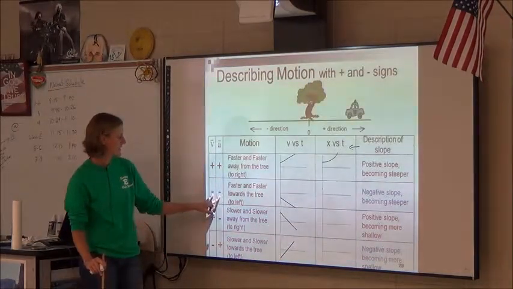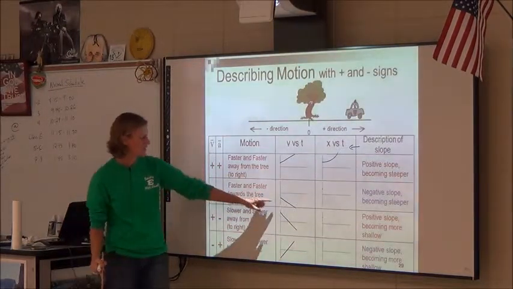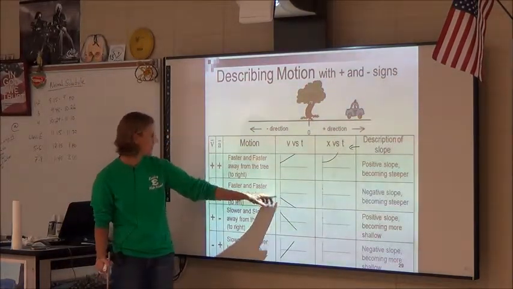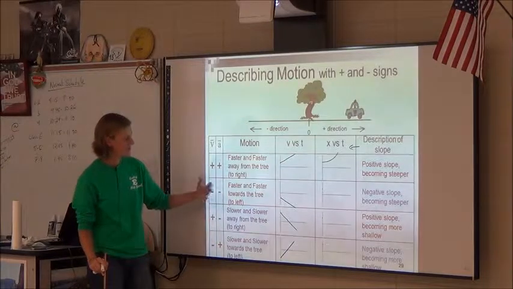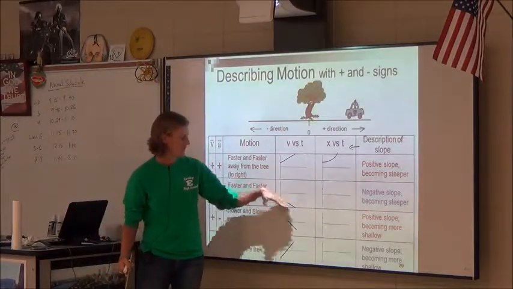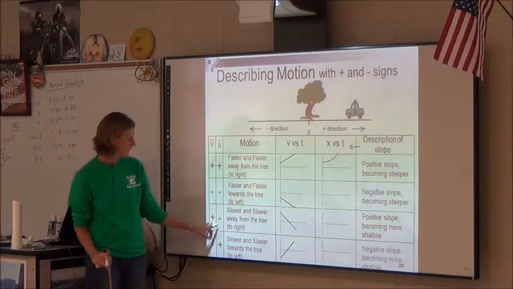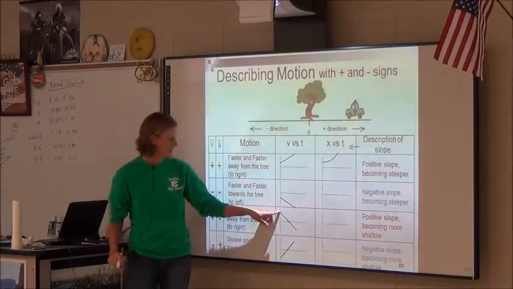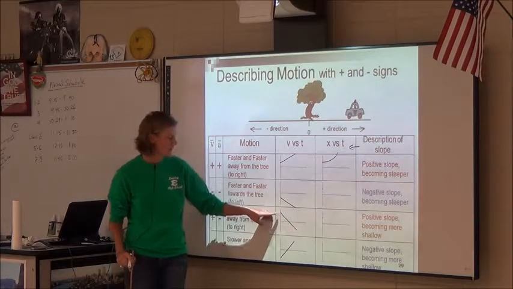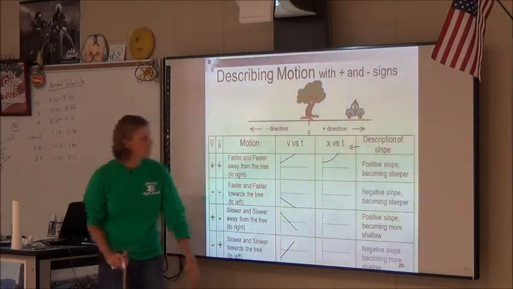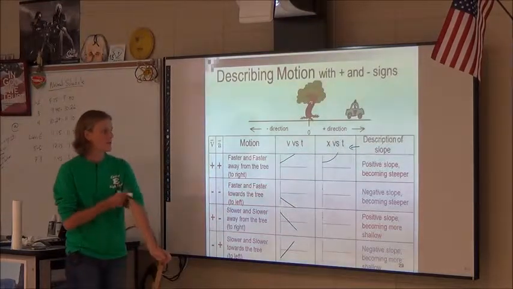In this case, we had negative, negative, so we had negative velocity, so I just start below the x-axis there, start in the negative region. And the acceleration is negative, so my slope should be negative with an increasing but negative velocity. Here I start with a positive velocity but negative acceleration, and then vice versa, I start with a negative velocity but positive acceleration. But now I want to draw the position graphs.